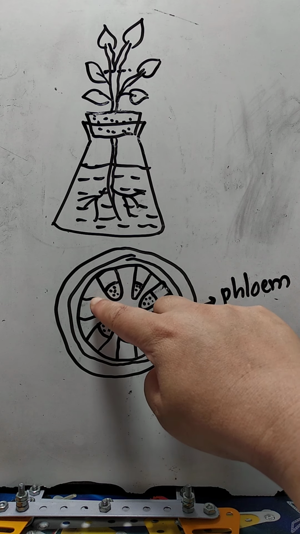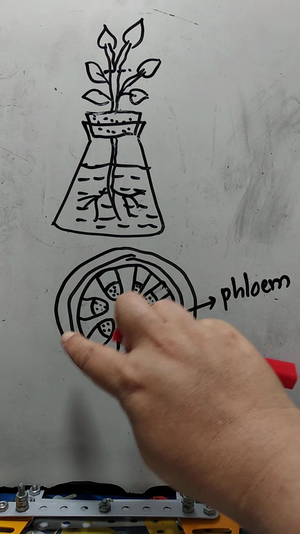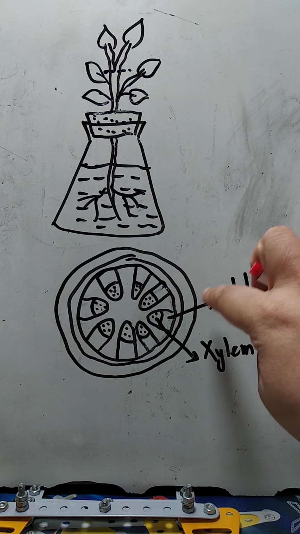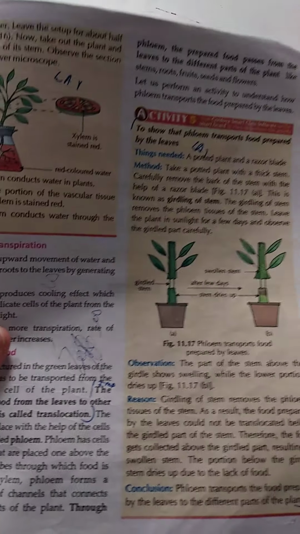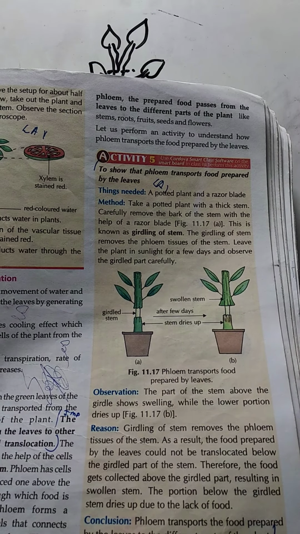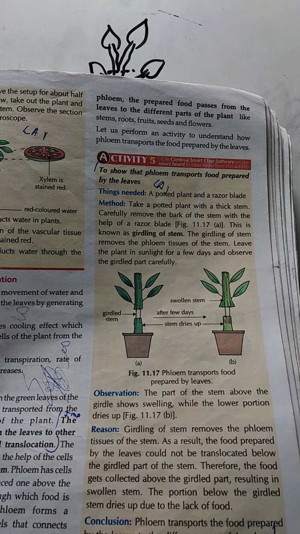So we are keeping this much portion of the stem, and we are cutting out with the help of a razor blade this outer portion, the phloem. So we are removing phloem from the plant.